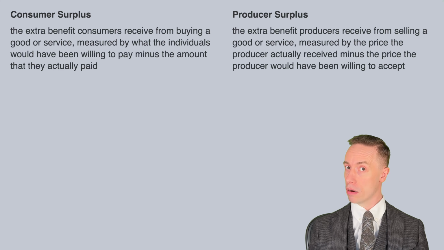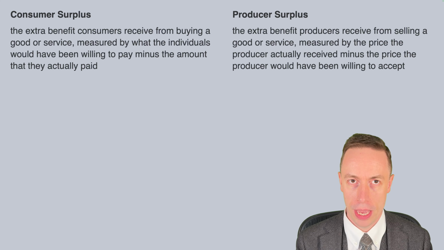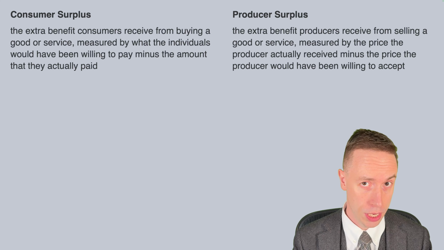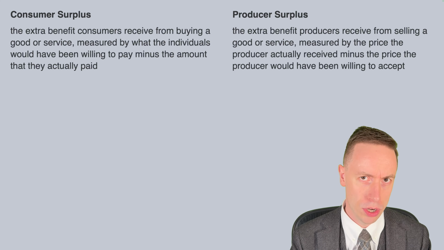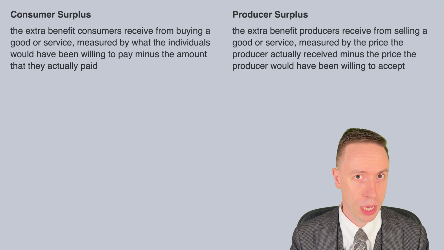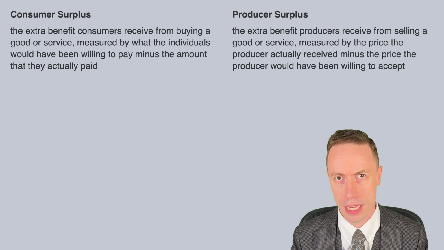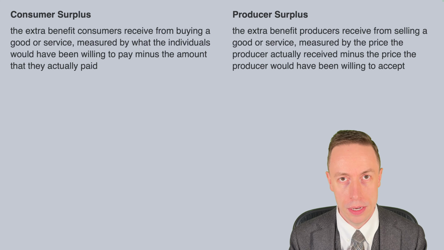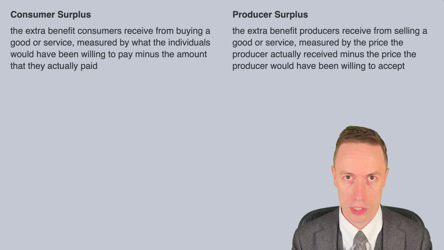Let's say you're selling a car. You've worked out for yourself, hey, I'm going to post this car for sale, and if I find somebody that'll give me $10,000 for my car, that's as low as I'm willing to go. I'm still going to sell it at $10,000, but if I can't get $10,000, I'm not going to sell it. But then somebody comes along and they offer you $15,000 for your car.